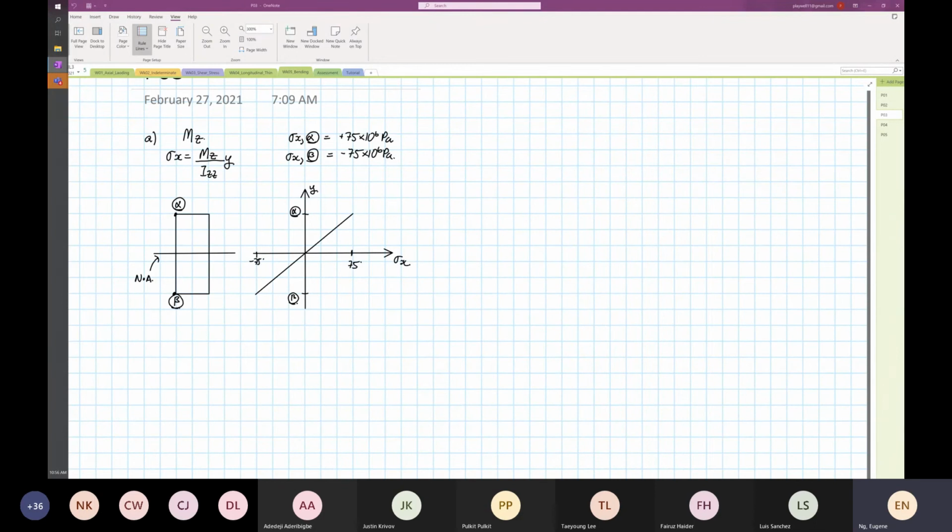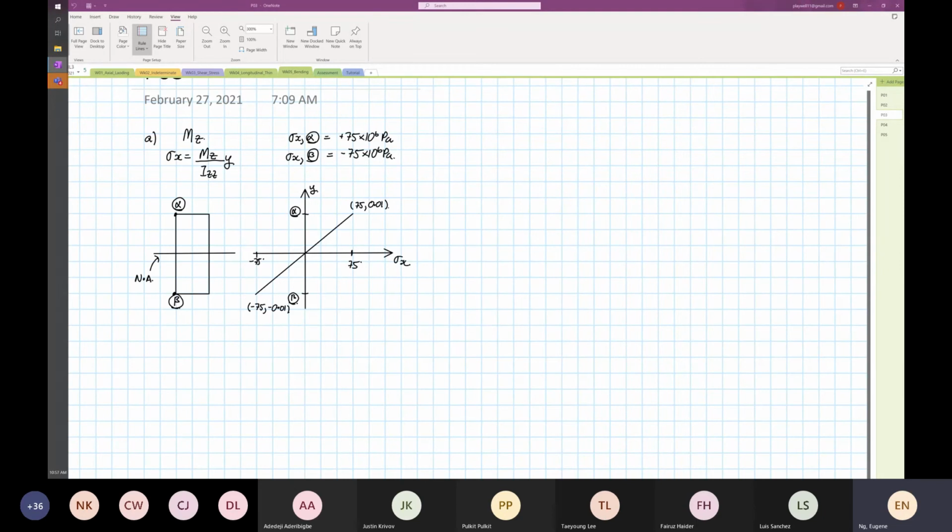In terms of height, I think it's 0.01, and over here is minus 75 and minus 0.01. That's how you label.